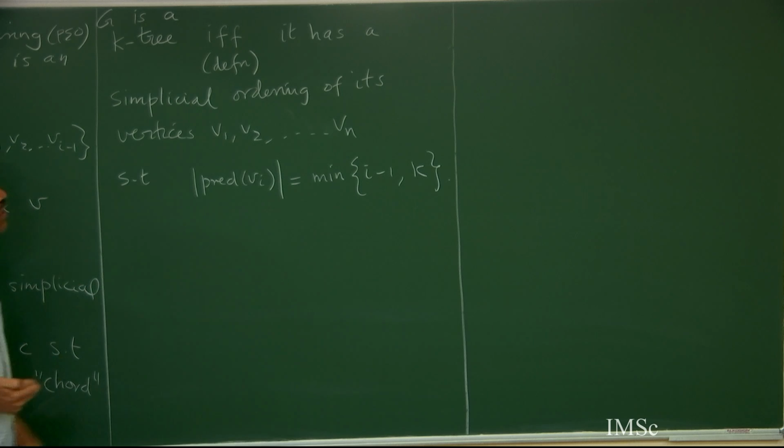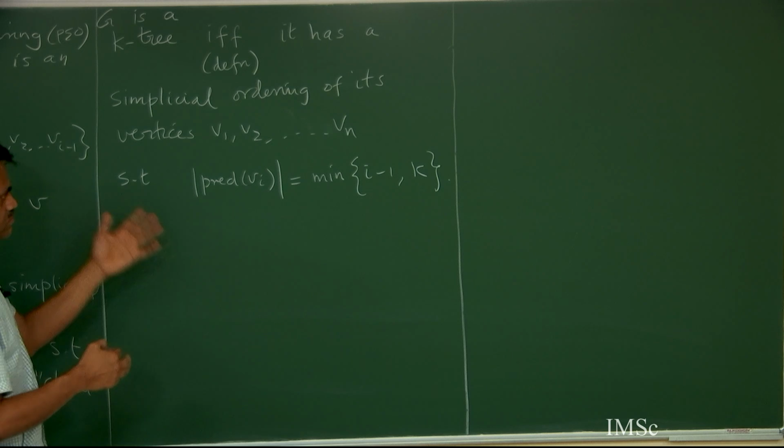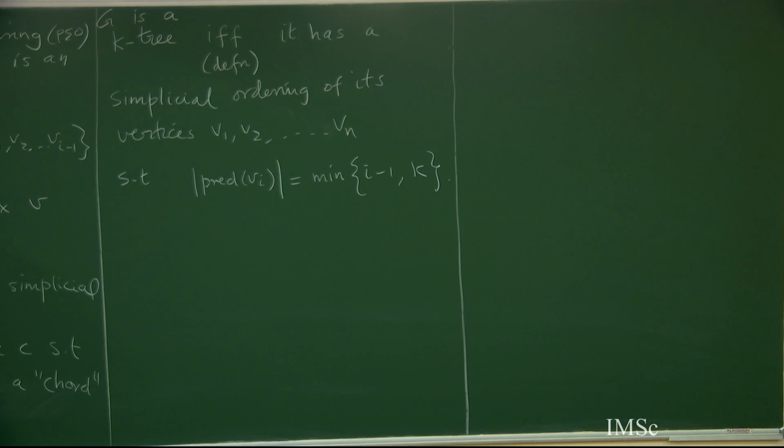So, now this is more or less what I described. How does it look? The first k plus 1 vertices form a clique, right? Is the definition clear? That is the definition of simplicial ordering.